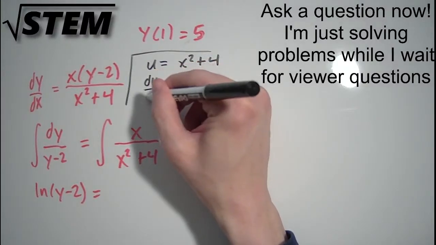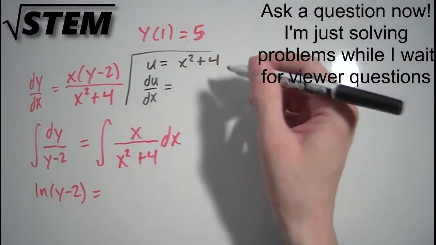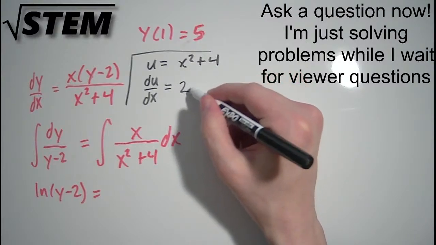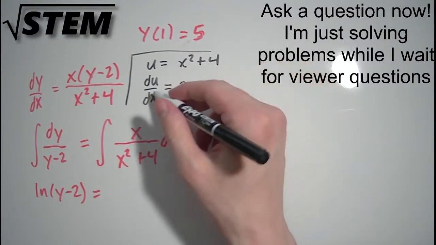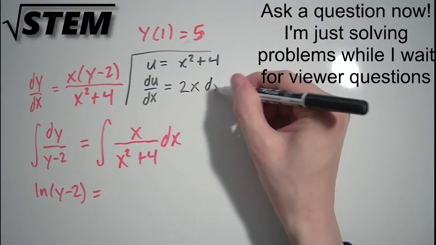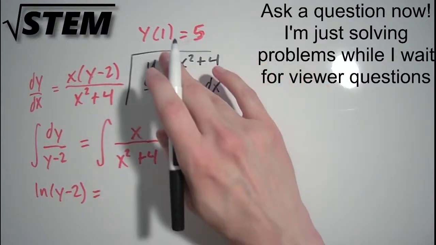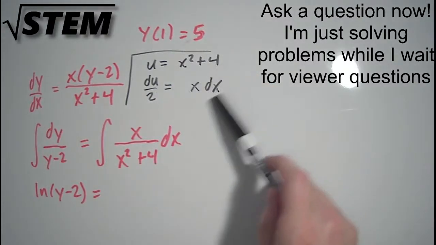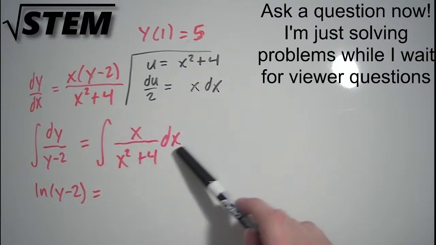Then du dx would be equal to the derivative of the right side, which is 2x. So bring the dx over here. We'll divide by that 2. And that will nicely swallow up this part of our integral.